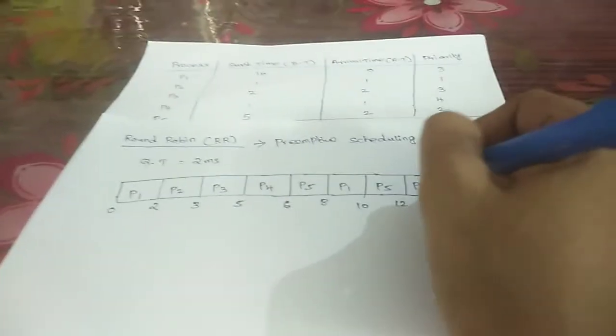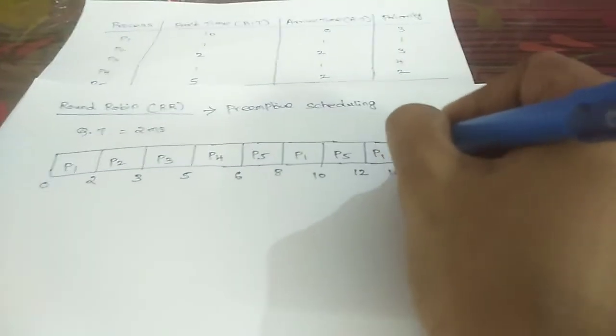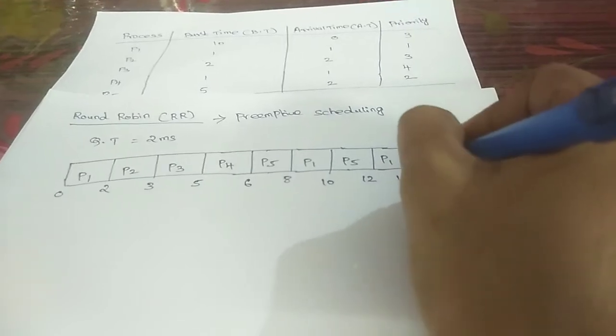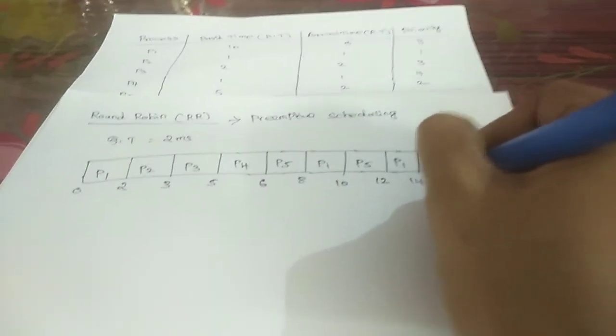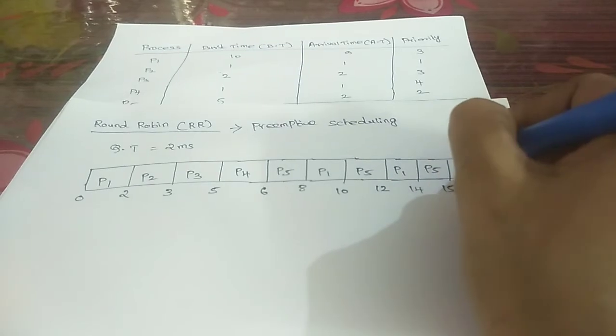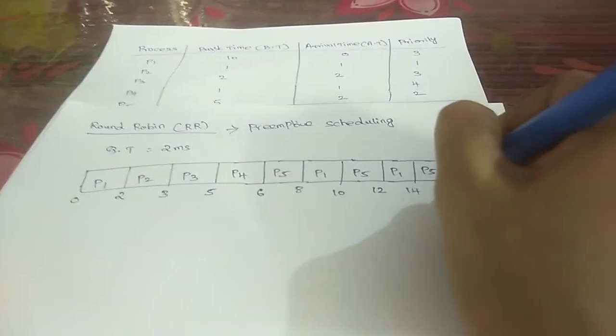Next, P1 enters and works for 2 milliseconds. That is 14. Again it jumps to P5. It works for only 1 millisecond because only 1 millisecond remains. So it is 15. Next it jumps to P1. P1 completes its whole execution up to 19.